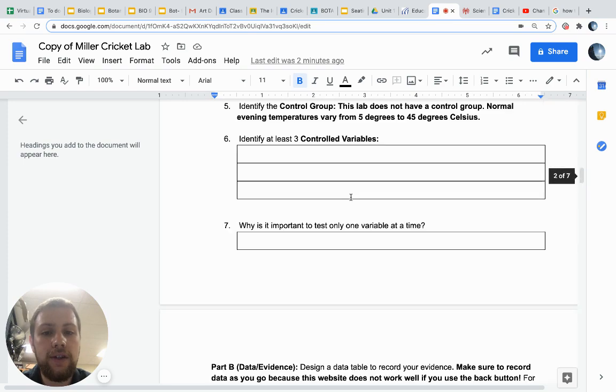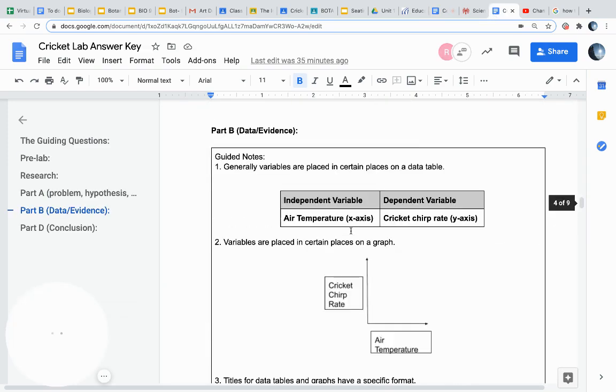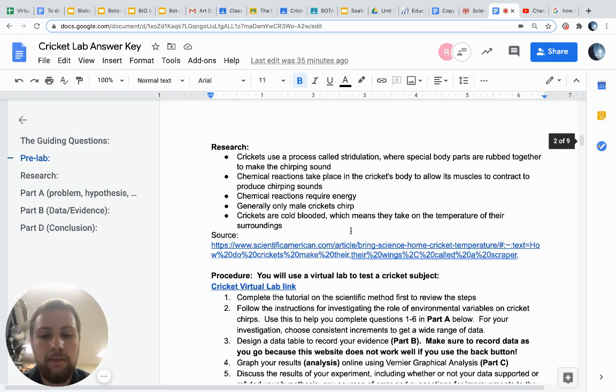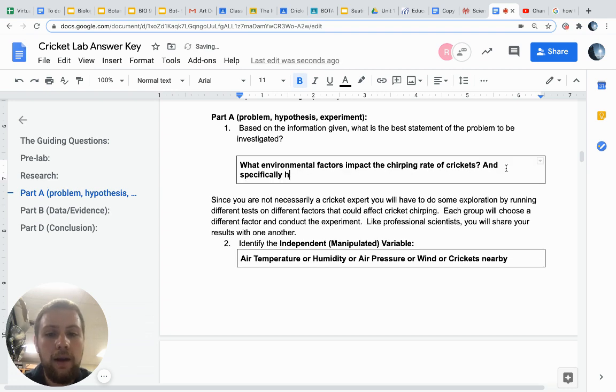If we recall back to the beginning, our guiding question was: what environmental factors impact the chirping rate of crickets, and specifically, how does changing temperature impact the chirp rate of crickets?